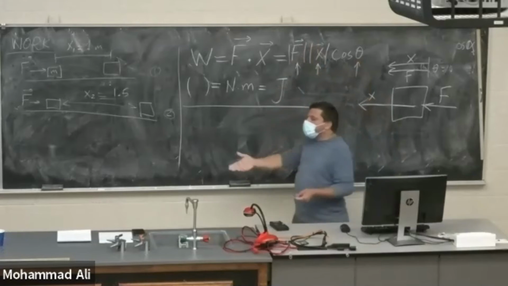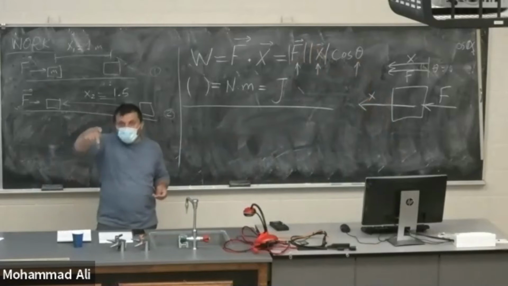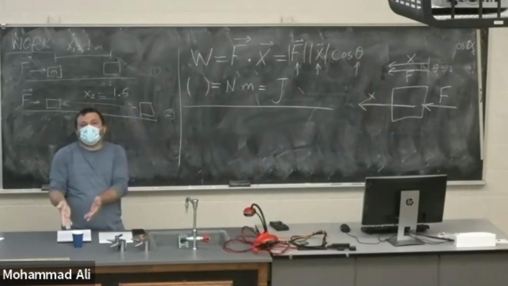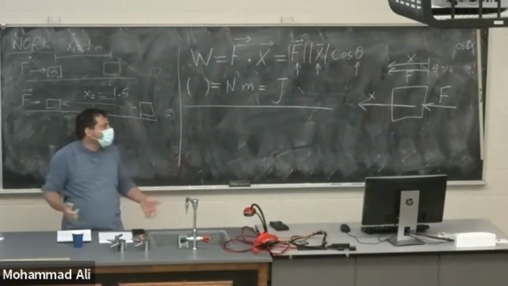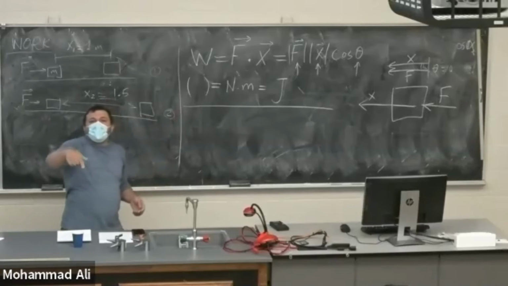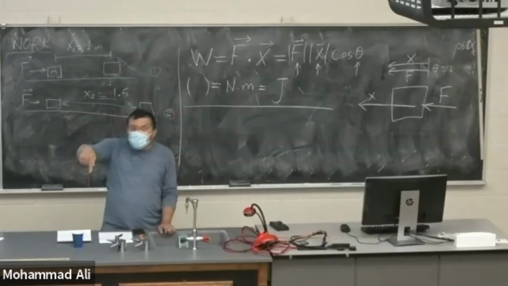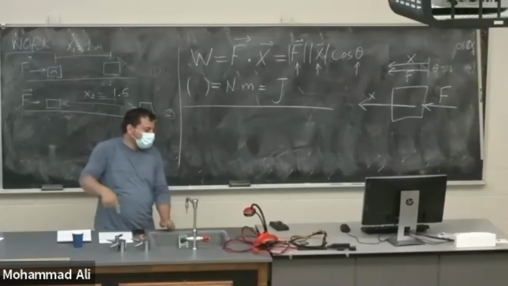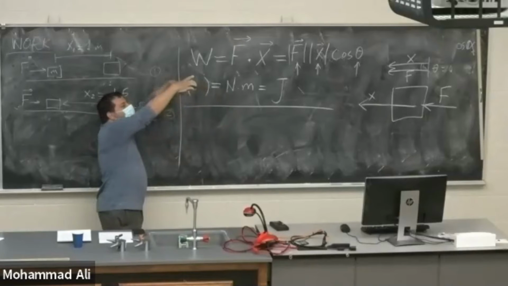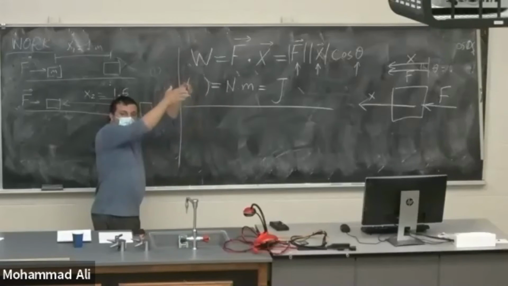For example, this cup has no forces on it to the right and the left, but there's a weight and a normal force. The total force is 0, so the work is 0. Now, what is the work of gravity on this cup? The force of gravity is downward, and there would be a distance downward if the object were moving.